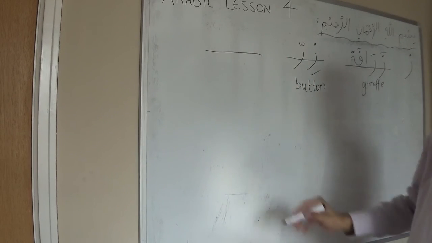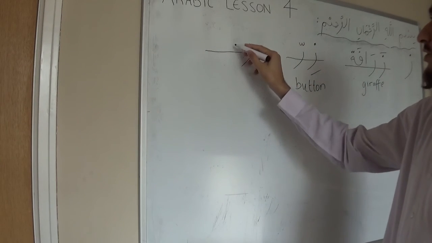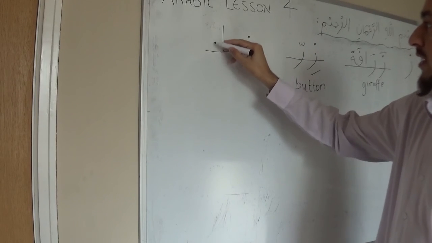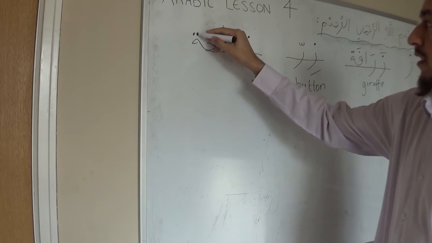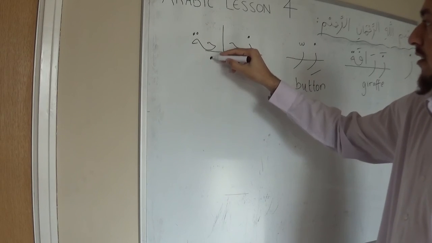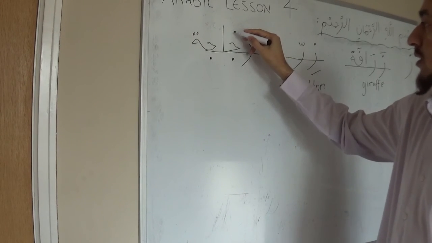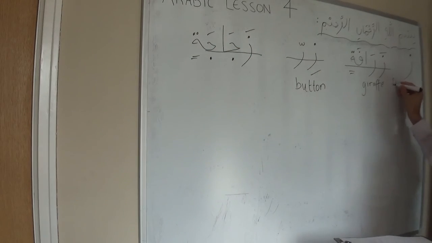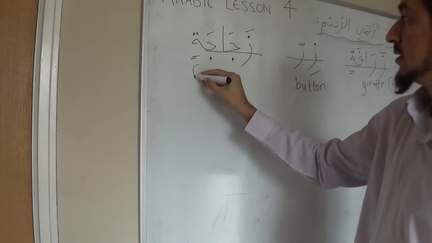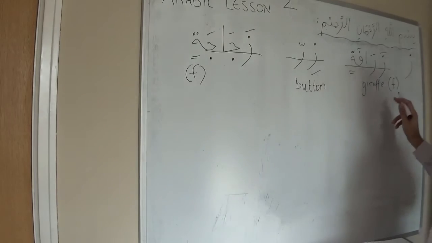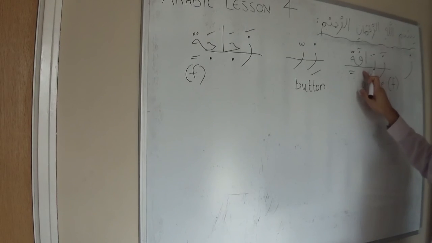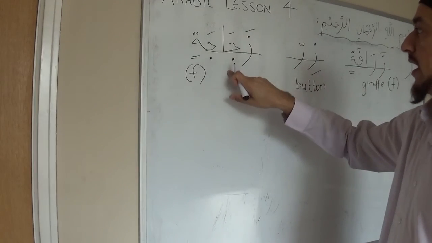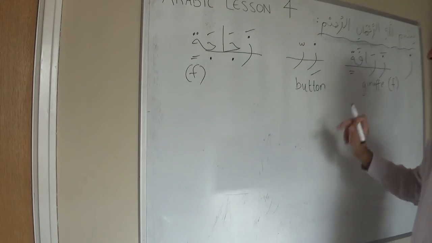And for the final one we have zujaja, the za crossing over into below the line, zujaja. And in these three words we have the ta there and the ta there. So in today's vocab, these are feminine words. هذه زرافة, this is a giraffe. هذه زجاجة, this is a bottle. We will not use هذا, it will be هذا زر, this is a button.